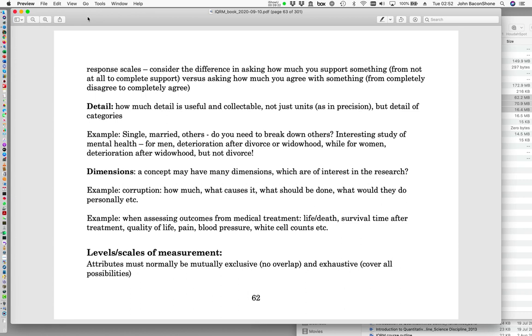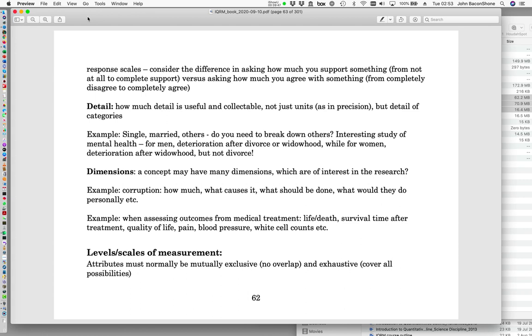So this reminds me of a very interesting study of mental health for men and women, which showed that sometimes the level of detail is important. When they did this study, they looked at what happened to the mental health of men and women when their marital status changed. When they looked at men, when men were widowed, their mental health generally got worse.